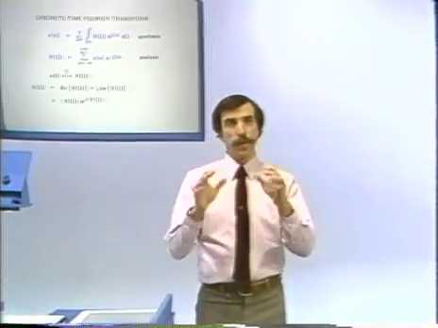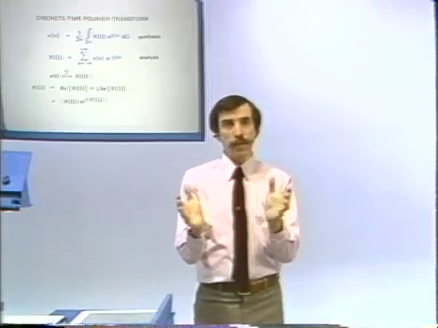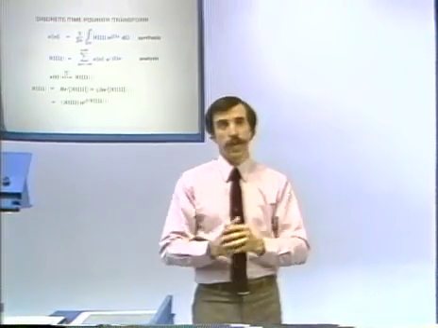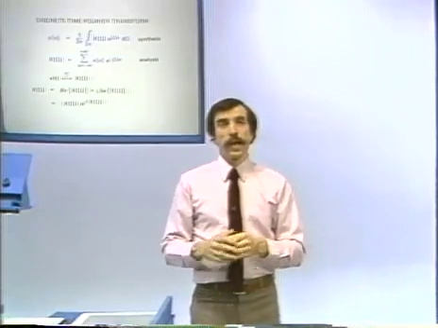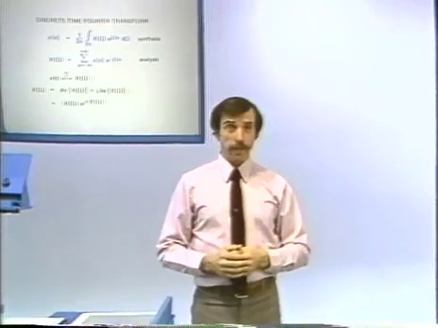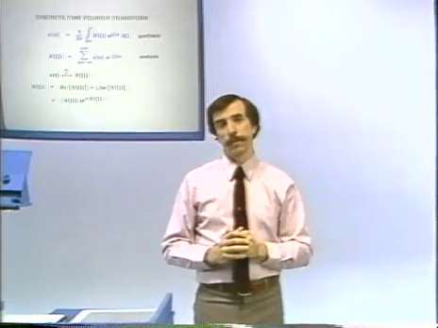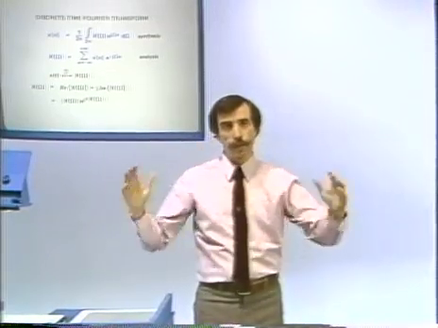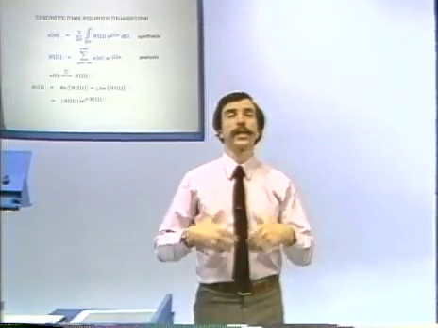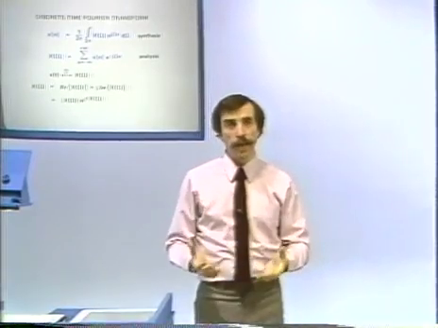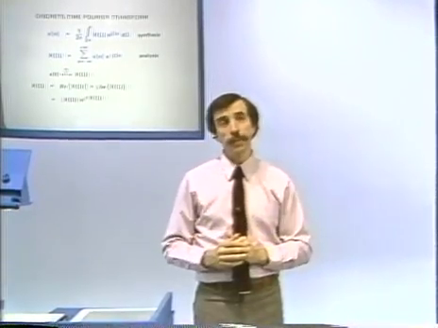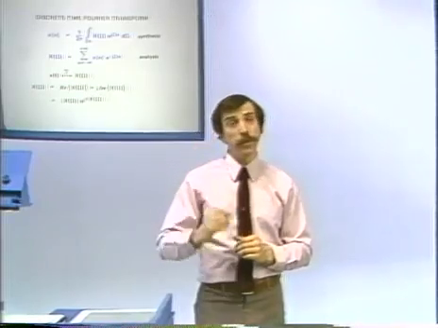Also, in the time domain, x of n is aperiodic. It's not a periodic function. However, in the frequency domain, remember that the Fourier series coefficients were always periodic. Well, this envelope function then is also periodic with a period in omega of 2 pi. What's again the reason for the periodicity?